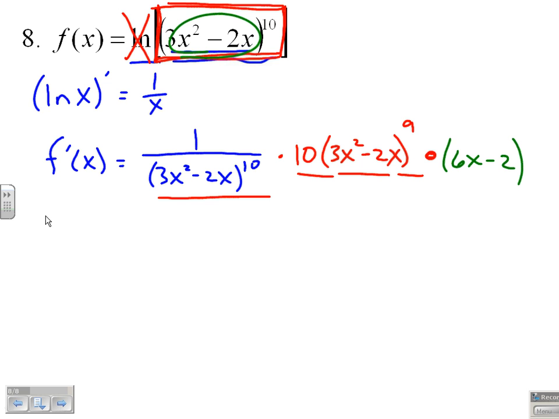And then we may have some cleaning up to do. In fact, this is so good, and this happens on ln derivatives quite a bit. You get this situation right here. This is too good to pass up.